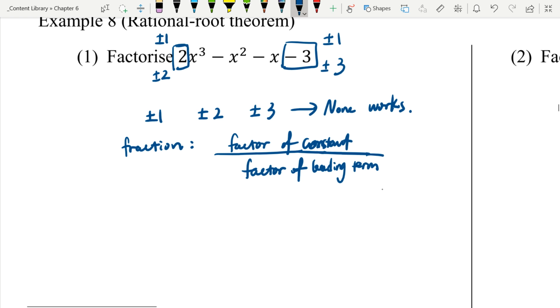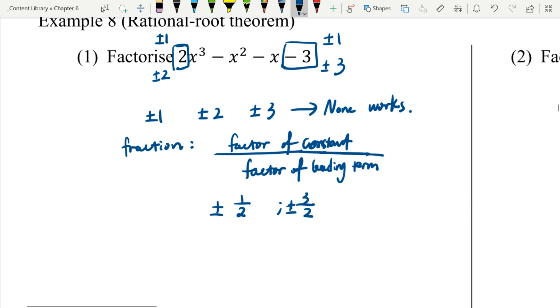Well, you can't flip it. Only the factor of the constant over the factor of the leading term. You have 1 on 2, and you have 3 on 2, plus minus 3 over 2. And those are the only 4 values you can create. You won't have 1 on 1 or 3 on 1. That's just 1 and 3. You will have it, but it's the same as the integer.